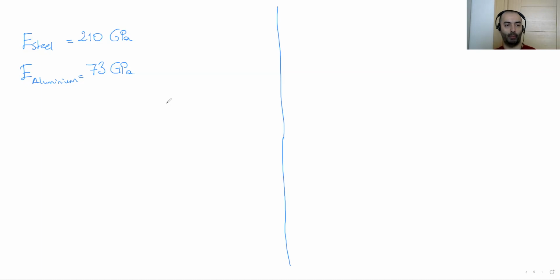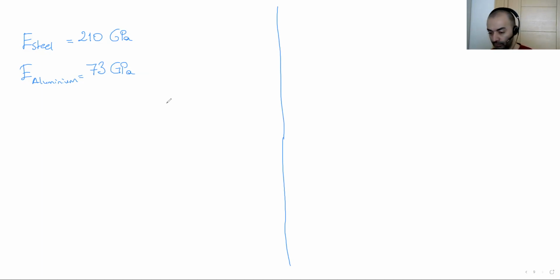Yes, you can compare materials with the E values. For example, I don't have an E value for the timber at the moment in my notes, but if I find it, I can share it with you. Again, steel is greater than aluminum and, sorry, timber, basically.